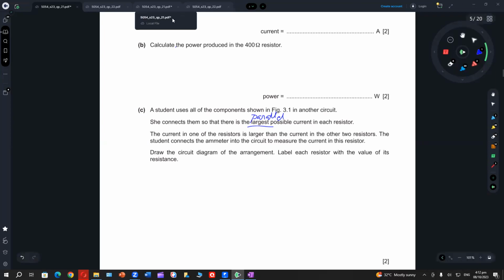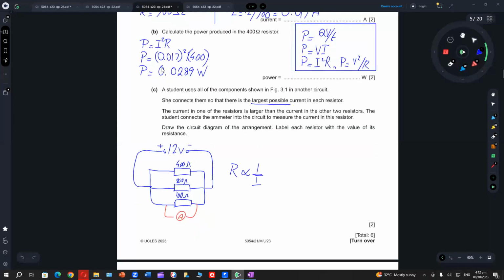Draw the circuit diagram. No, I think it's not ammeter.